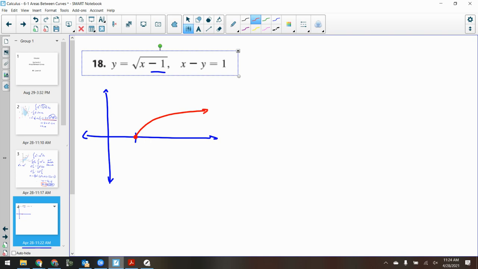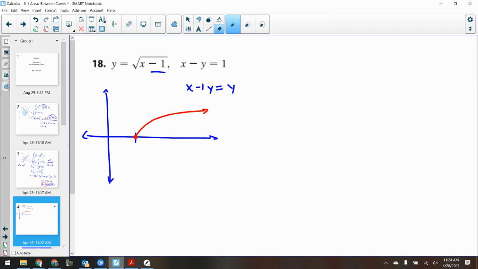my first equation. And then x minus y. Now, in this case, I think it might be better to do x minus 1 is equal to y. Oh, no, x minus y, 1 is equal to y.